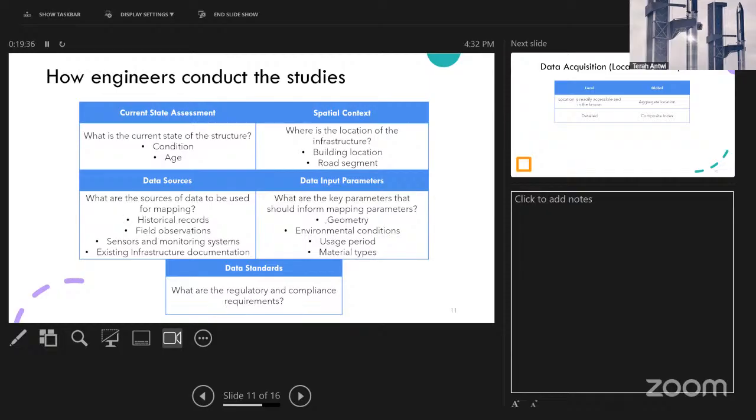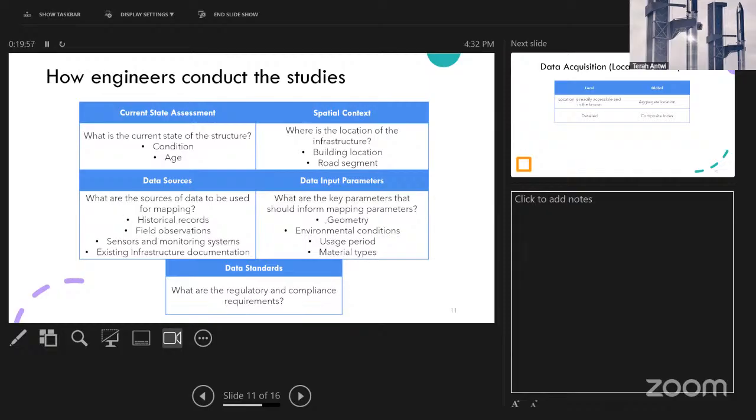The third component will be data sources. When it comes to infrastructure mapping and management, data sources are often disparate. What I mean by disparate is they come from different sources. You cannot have only one sensor giving you all the data requirements that we are talking about.